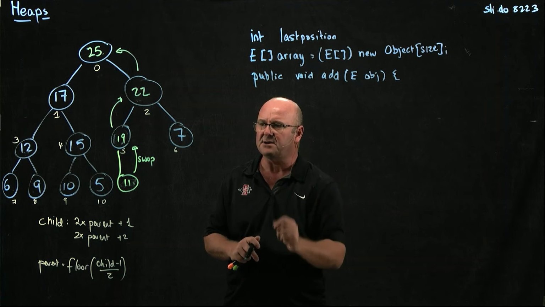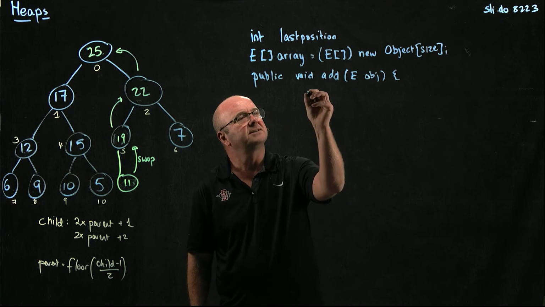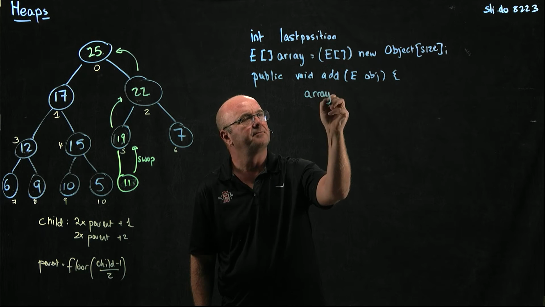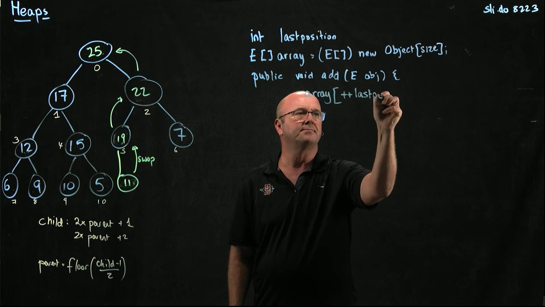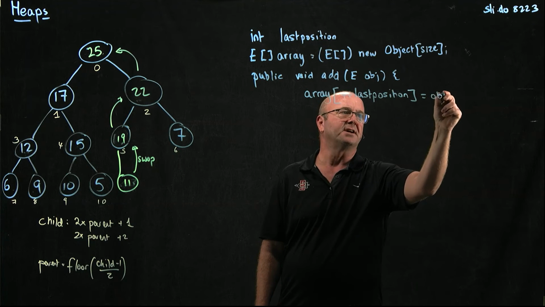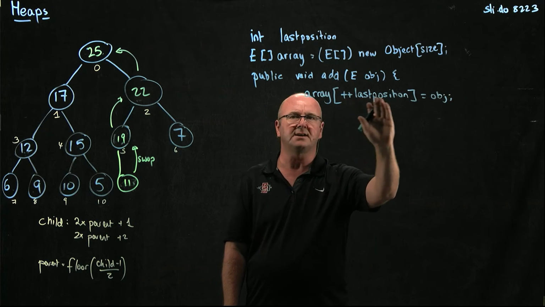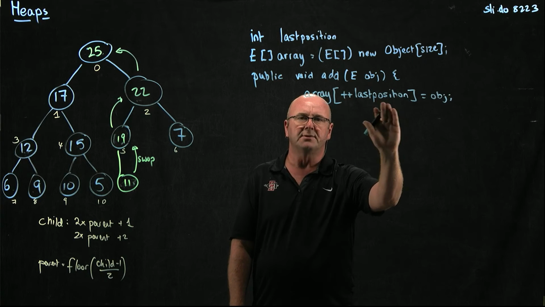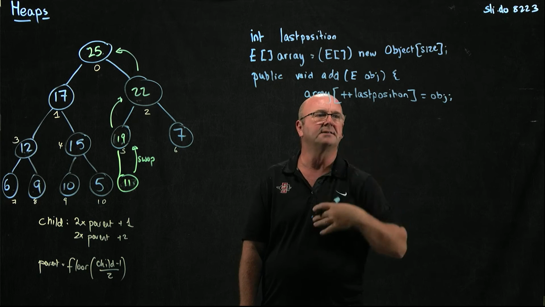So what we want to do is increment last position and then use that. And so we're going to say array[++lastPosition] = object. And notice the difference. This time we're using ++lastPosition, which means we increment the last position counter and then we add our thing there.